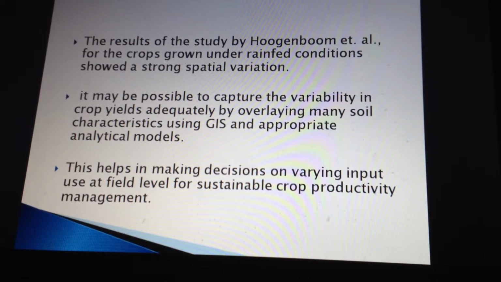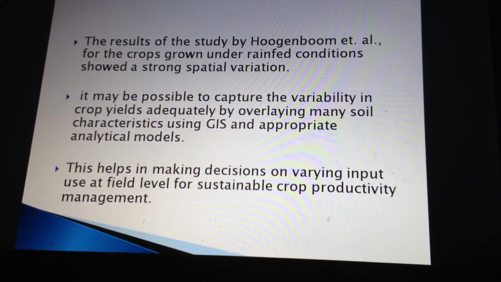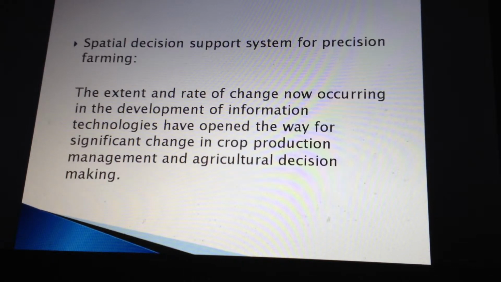It may be possible to capture the variability in crop yields adequately by overlaying many soil characteristics using GIS and appropriate analytical models. This helps in making decisions on varying input use at field level for sustainable crop productivity management.